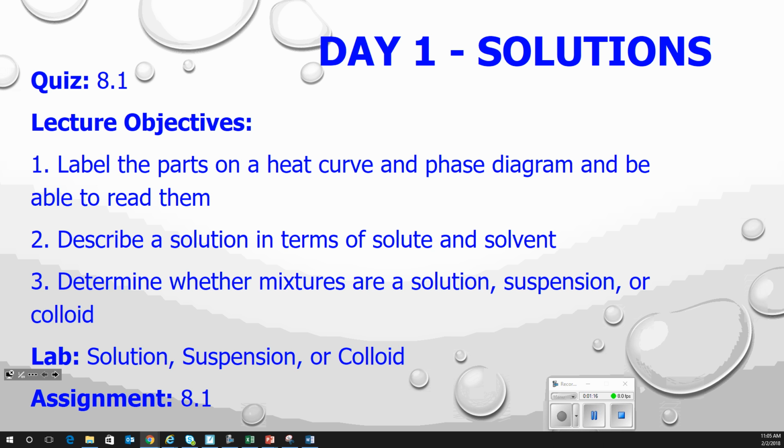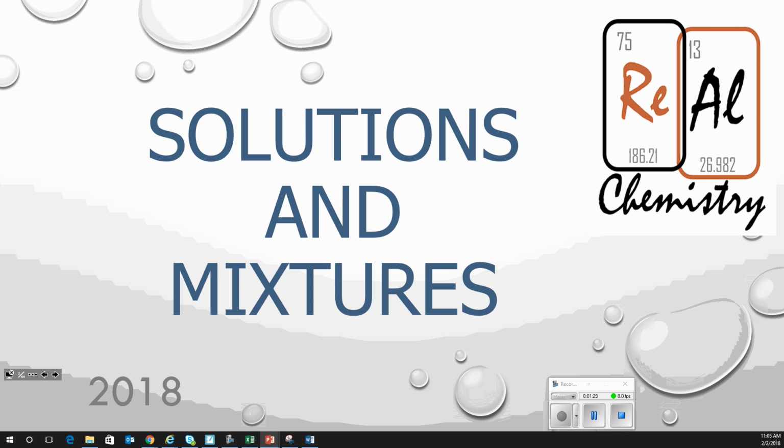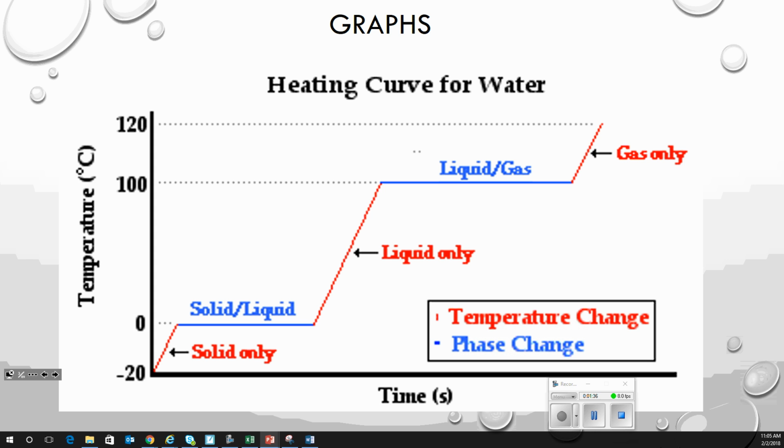And number three, we're going to be able to determine whether a mixture is a solution, a colloid, or a suspension. And then we're going to do a lab where we actually have to determine that. So that's what's up today. Again, assignment 8.1 is what we're doing later. This is where we start real chemistry as far as getting in and getting dirty with each type.